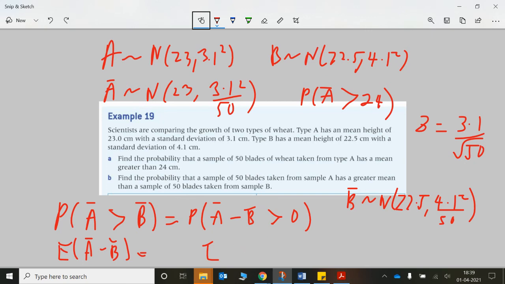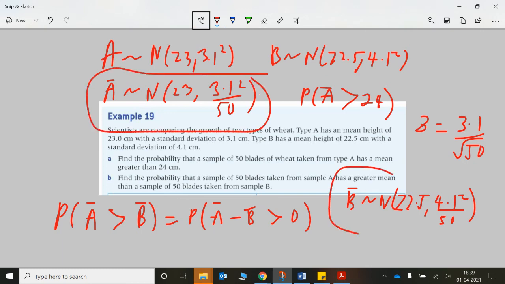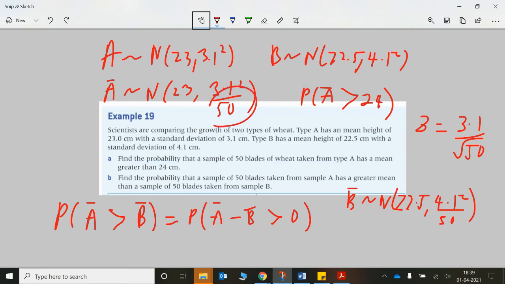I think they've been generous in giving us 50 in both cases. Okay, so we can do the 23, take away this one here. No, it should be good combining these two distributions, but let's not go down that rabbit hole at the moment.